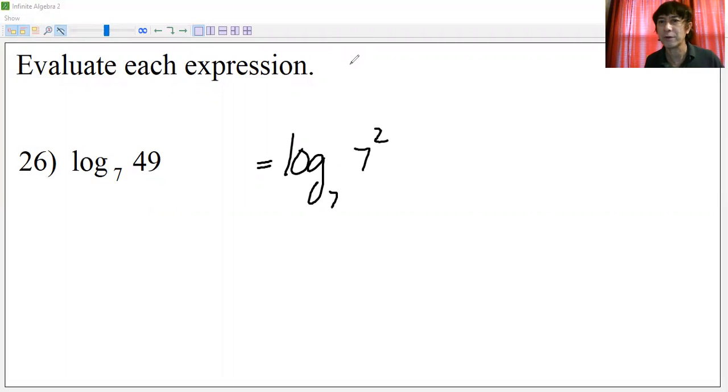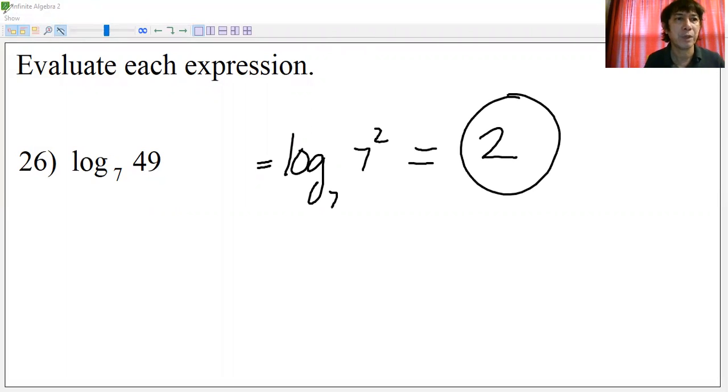And the answer, of course, is 2. We shall be able to verify that. You can see very well the answer. There's the number 2. All right, let's continue.